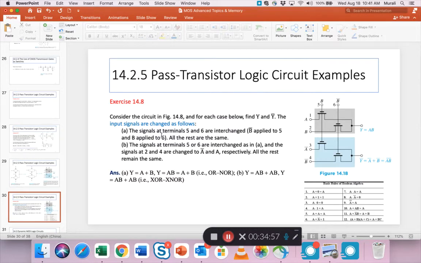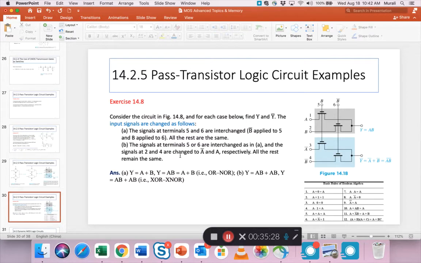What we find is that the output becomes A or B, instead of A and B. And the output for the complement becomes NOR, so both OR and NOR are available. OR is available there, NOR is available here.